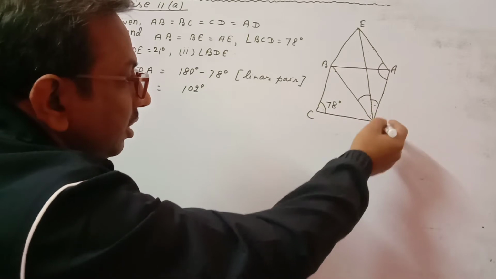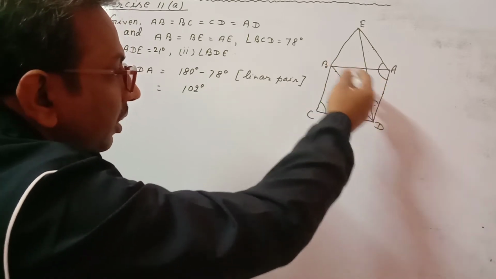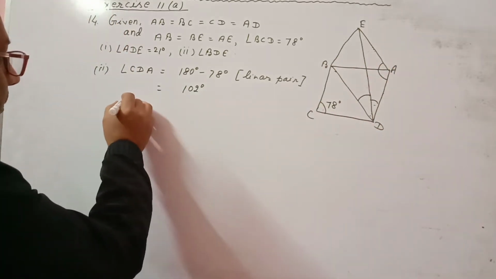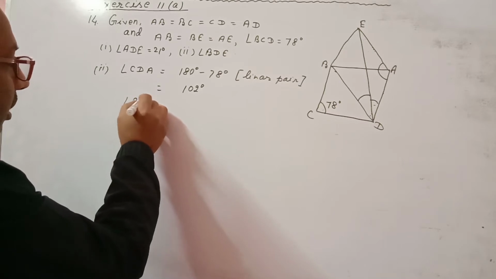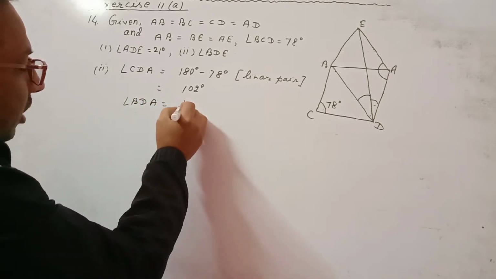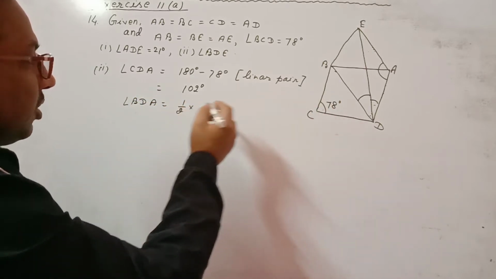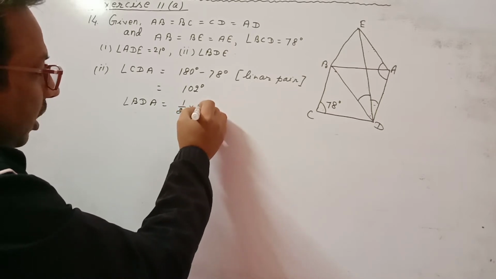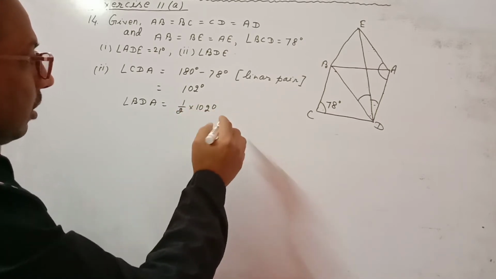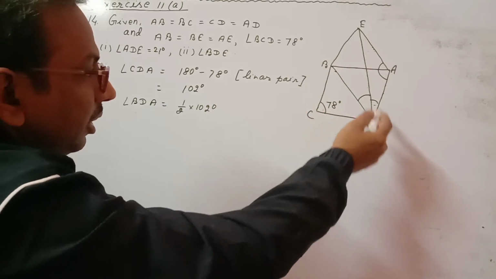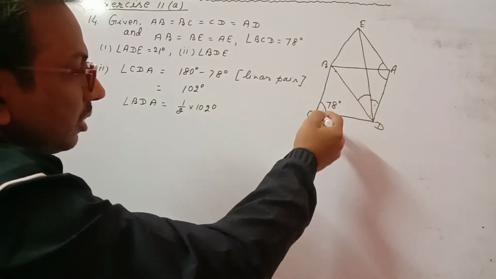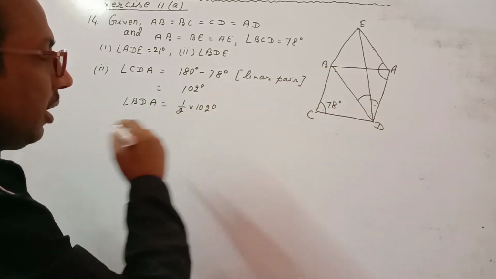So, by this diagonal, this angle CDA is bisected. So BDA equal to how much? Angle BDA equal to 1 by 2, half of CDA. CDA is 102 degree.